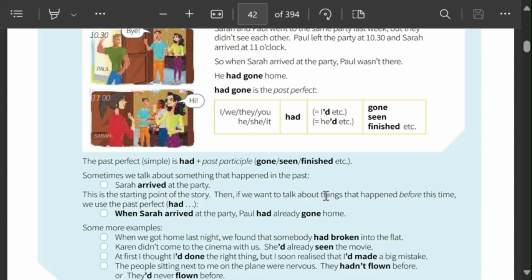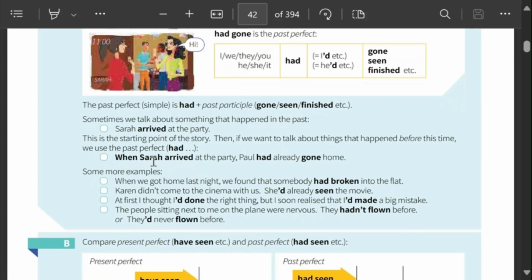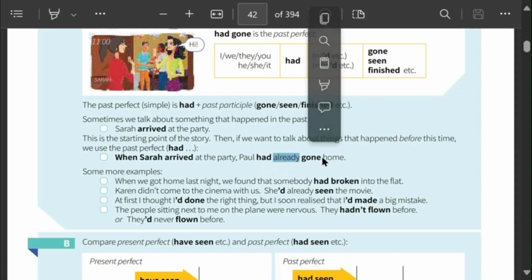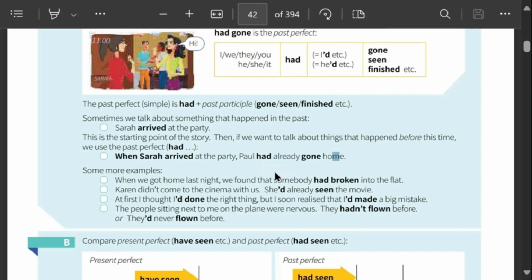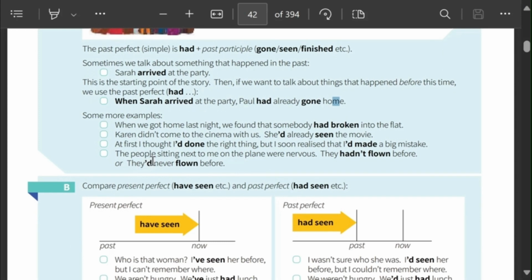If we want to talk about things that happened before this time, then you need to use the past perfect. So when Sarah arrived at the party, Paul had gone. You see, had gone home. You often see already. Do you understand? Okay, so it happens before she arrived.